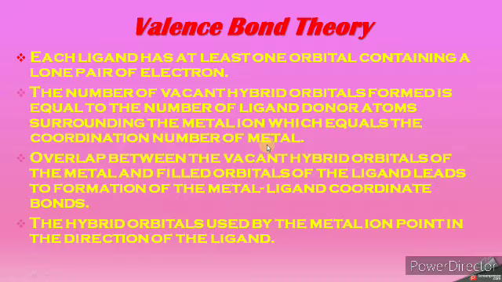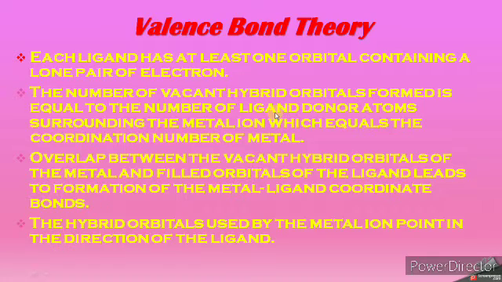So for example, if we consider [Co(NH3)6]3+ ion, in this ion there are 6 ammonia molecules, so the ligand number is 6, so the number of vacant hybrid orbitals formed is also equal to 6.